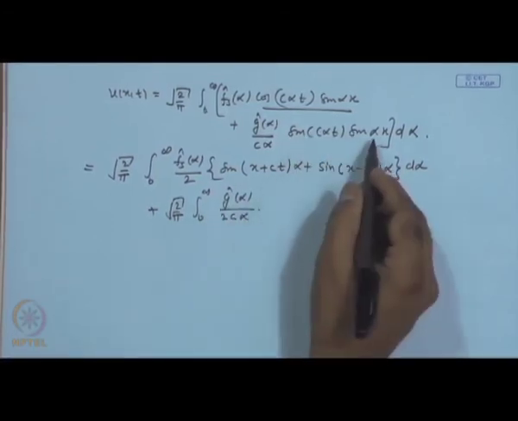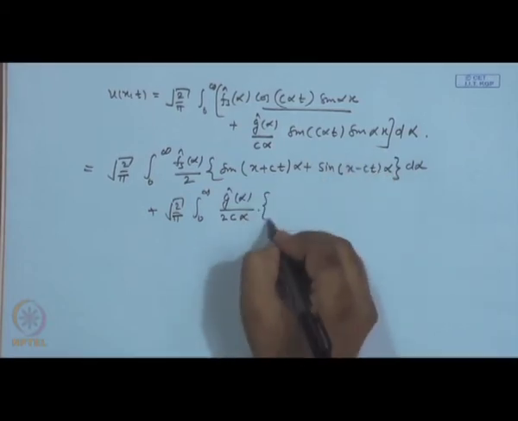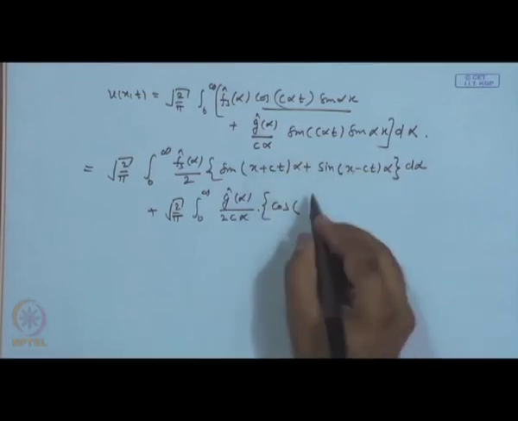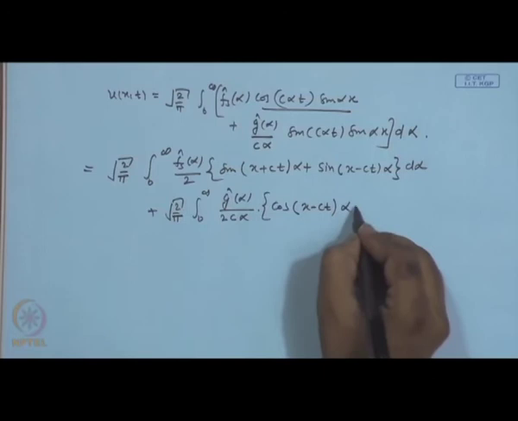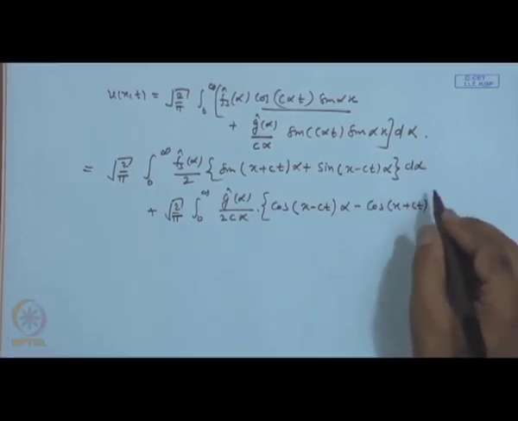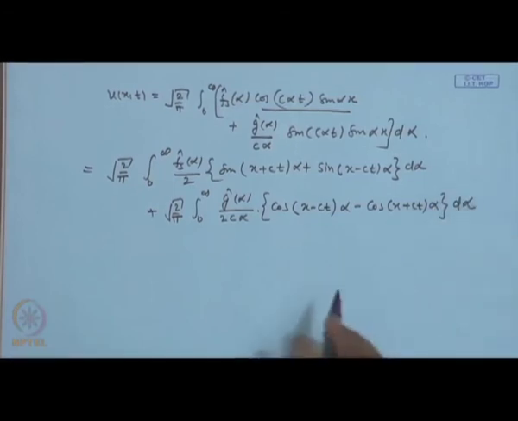So, 2 sin a sin b, we have the cos terms, cos(a−b) or (b−a), does not matter. So, cos(x−ct)α minus cos(x+ct)α dα.